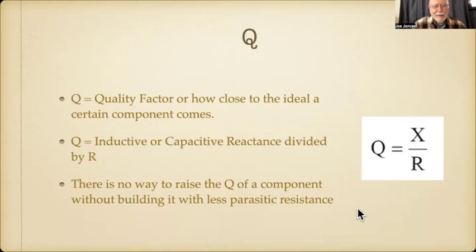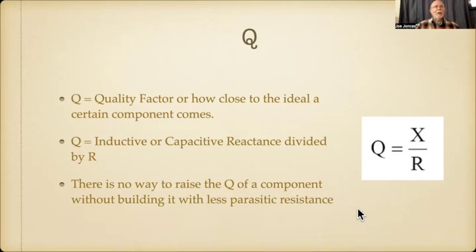Had we covered that there's no way to raise the Q of a component without building it with less parasitic resistance? Q in a resonance circuit is pretty much a part of what the inductor is. If you've got a little tiny inductor, it will have a pretty low Q, and that depends on the frequency.